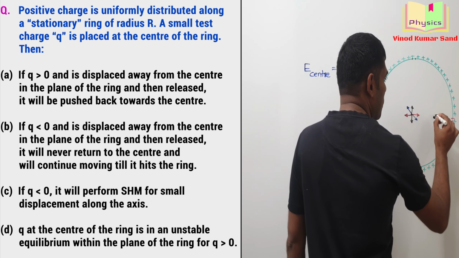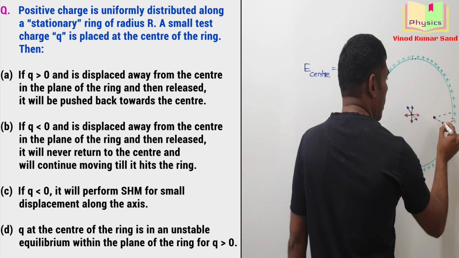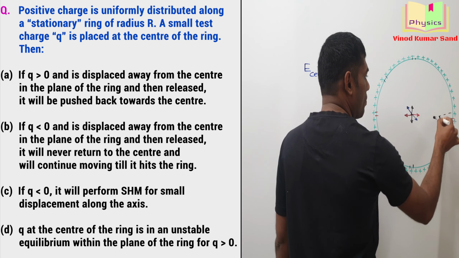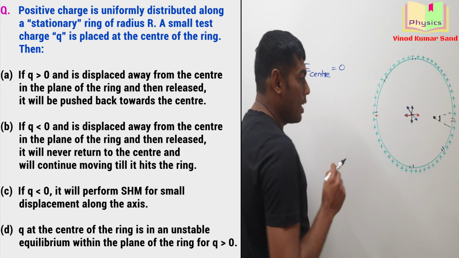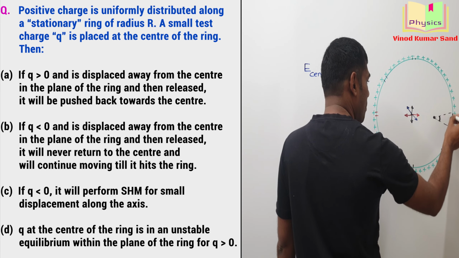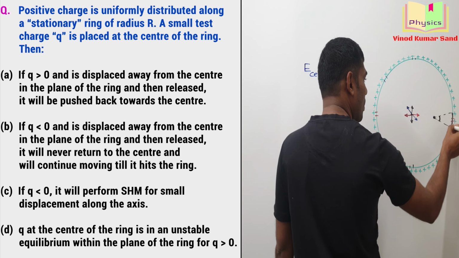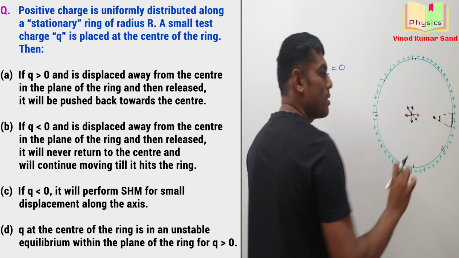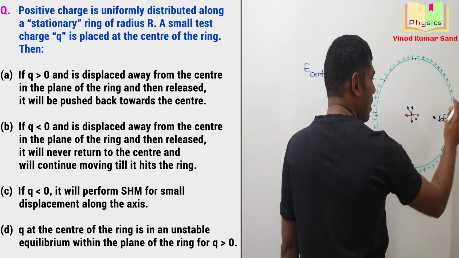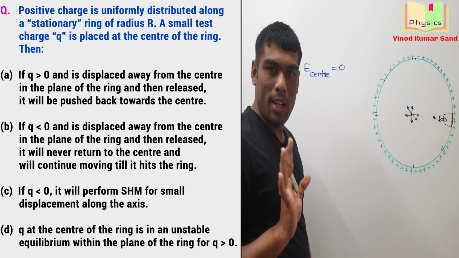Suppose we consider a very small angle d theta here, this angle. Now, due to this angle d theta, we can consider here some arc length, and this we will consider as a point charge because d theta was a very small angle, so this arc length will be very small.